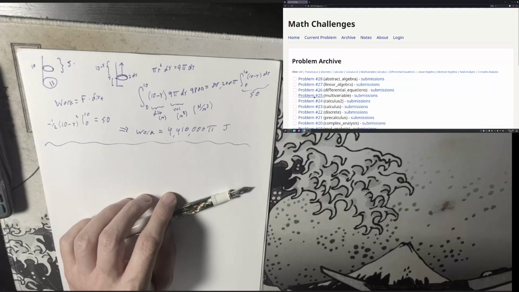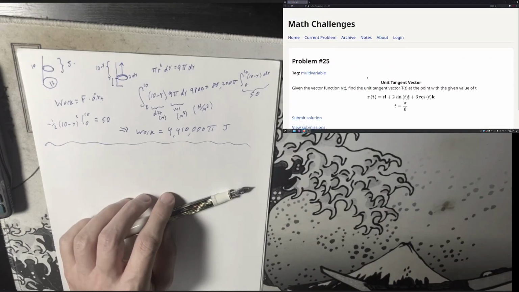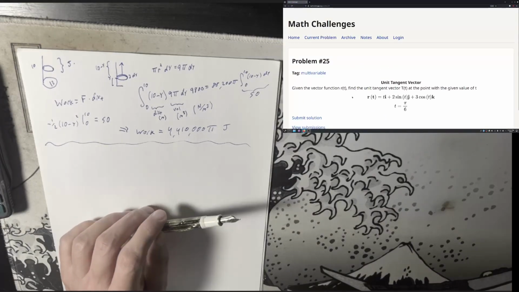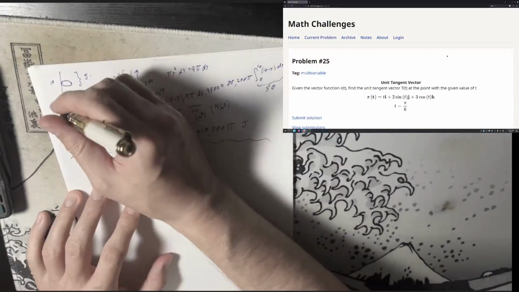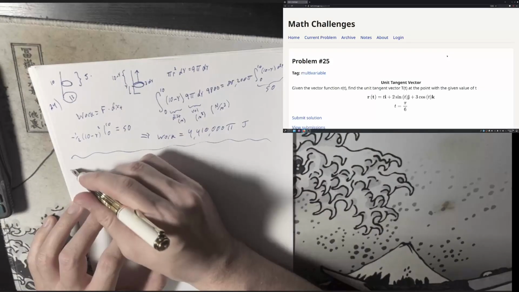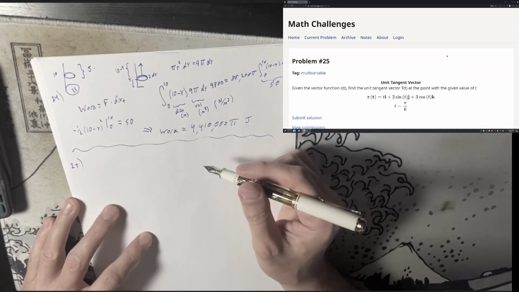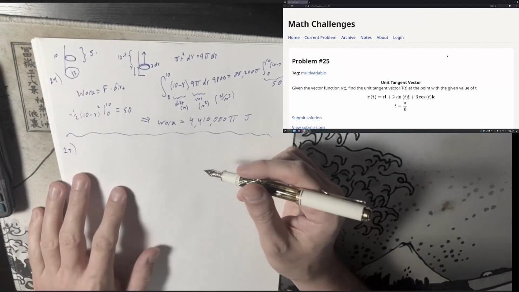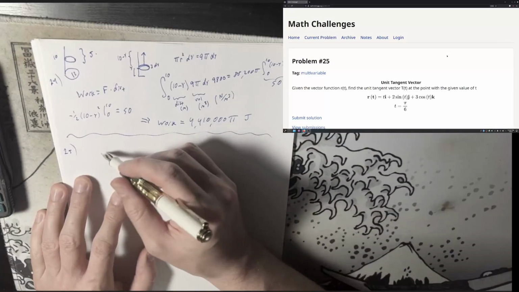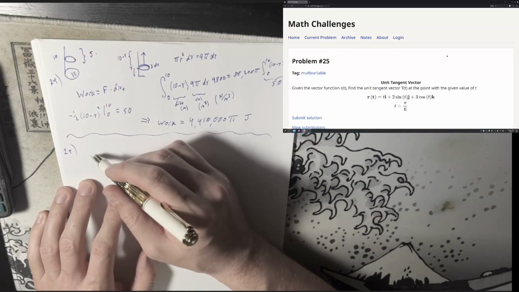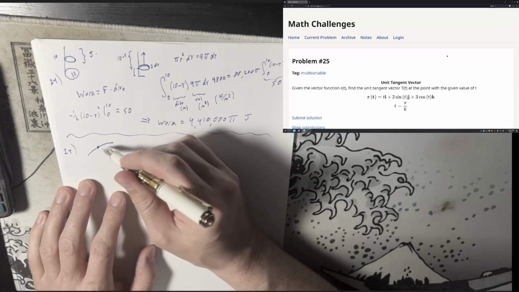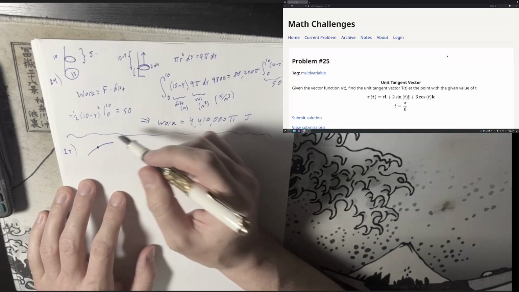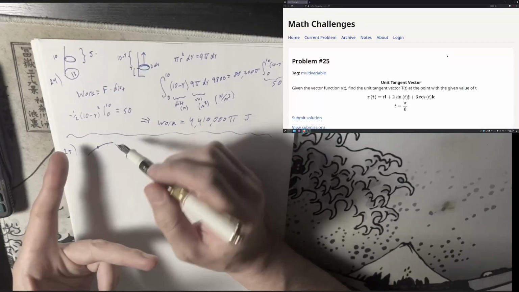Let's move on to 25. This is find the unit tangent vector. For this one, this is 24. For 25, you sort of have to know, as we're moving around on a surface over time, this path is in 3D.